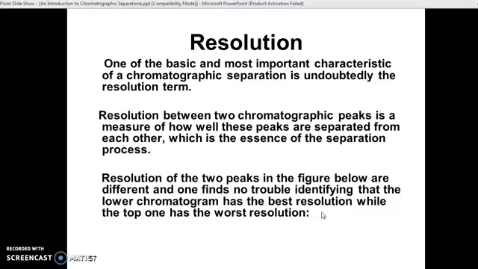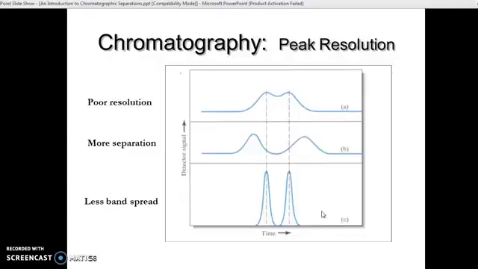But when two identical peaks are separated with a sufficient resolution number, we accept only that resolution of the two chromatographic peaks.